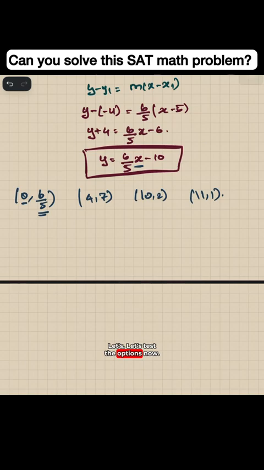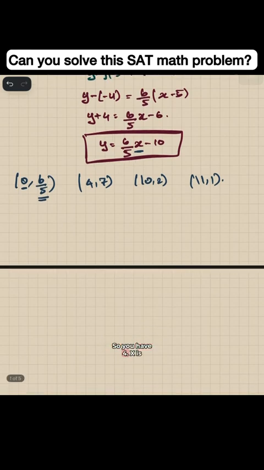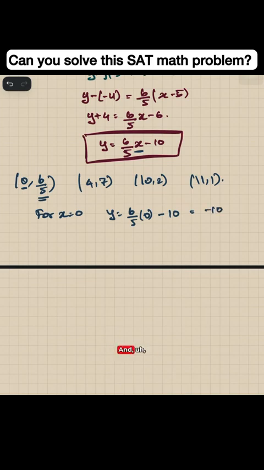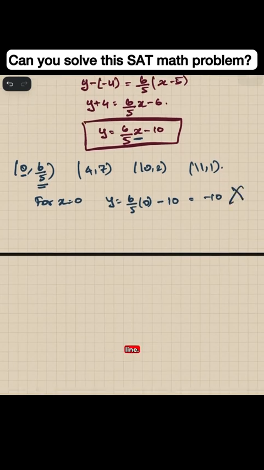Let's test the options now. For x equal to 0, I have y equal to 6 over 5 times 0 minus 10, so you get negative 10. And our y is clearly 6 over 5, so this is not on the line.